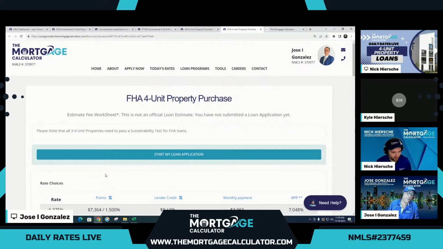In other words, if we were talking about DSCR, to put it in a phrase our team would understand easier, is the DSCR for that property at least 1.0, right? That service coverage ratio, gross rental income divided by the housing expense, has to be at least 1.0. That's the FHA sustainability test for 3 and 4-unit properties only, and that's for FHA.